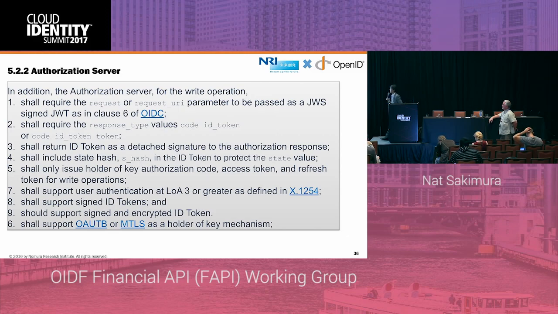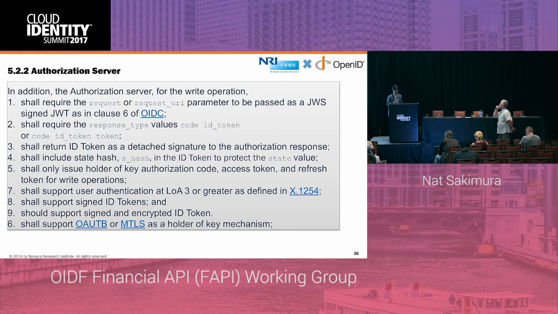And number 2 is shall require response type values code id_token or code id_token token. Now, this means that because the ID token acts as the detached signature to the response, your response through the user agent is also integrity protected. And if you look at number 4, it says shall include state hash, s_hash, in the ID token to protect the state value.